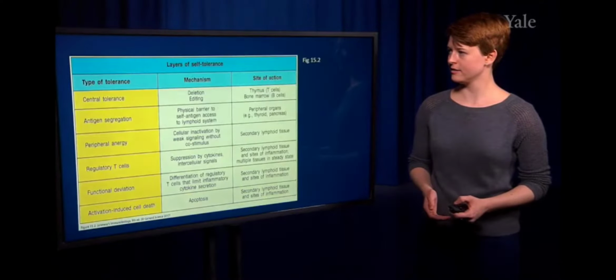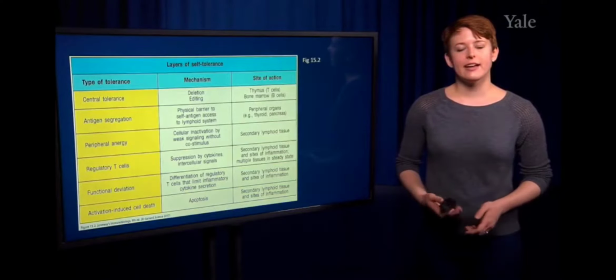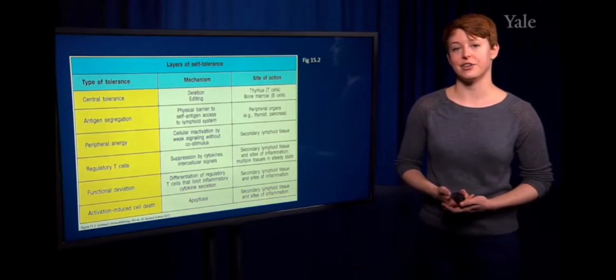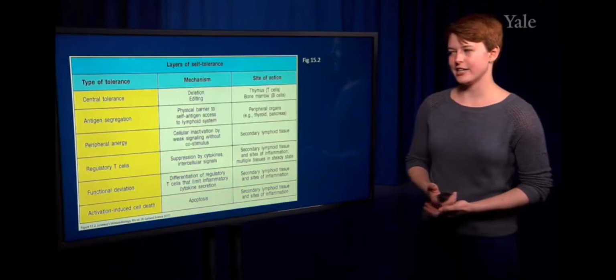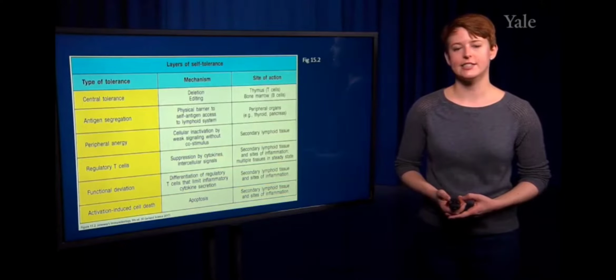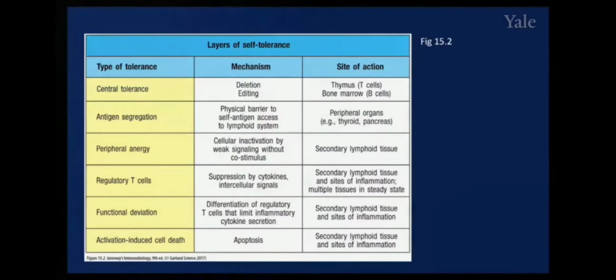So we have discussed throughout a few different lectures this idea of tolerance. And this is a nice chart summarizing some of the different mechanisms of tolerance. So tolerance means that the immune system has to learn to recognize self-antigens as not harmful and not activate an immune response against them.